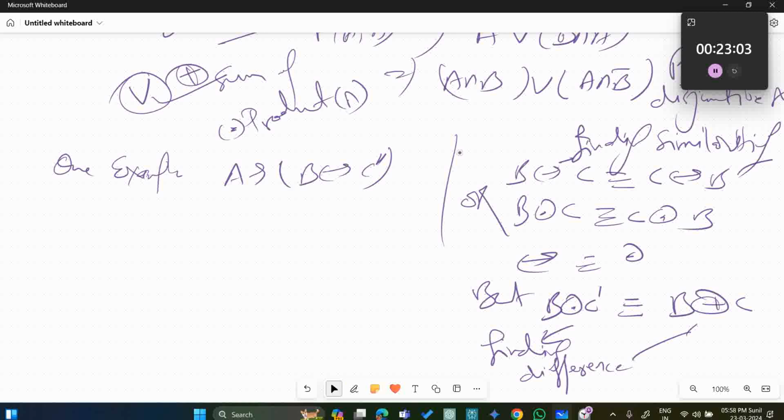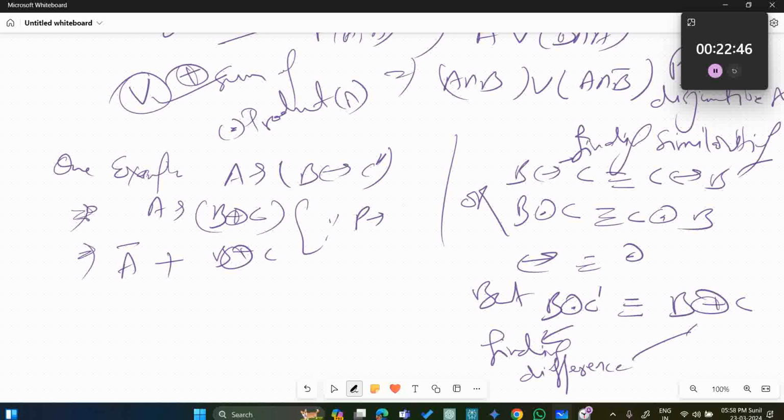So we can simplify this as A implies B XOR C. Implication can be written as A bar plus B XOR C, because P implies Q is P bar plus Q. Right? And we can minimize this also with the help of Boolean algebra and principal conjunctive normal form logic.